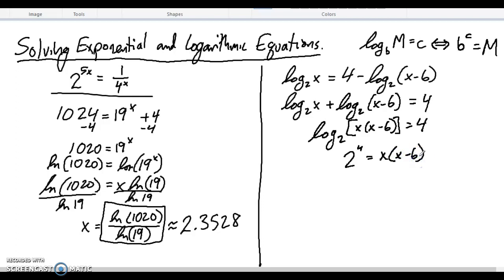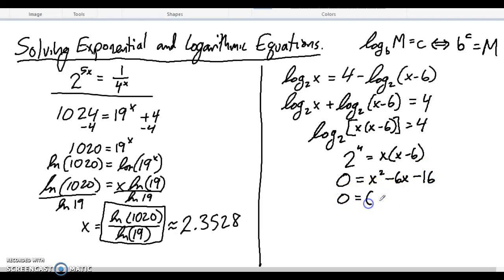And this is just a quadratic. So in order to solve a quadratic, I need to get one side equal to 0 and factor the other, which means the fact that this is already factored is a problem. So I'm going to multiply this through and subtract 2 to the 4th, which is 16. So we get 0 equals x squared minus 6x minus 16.